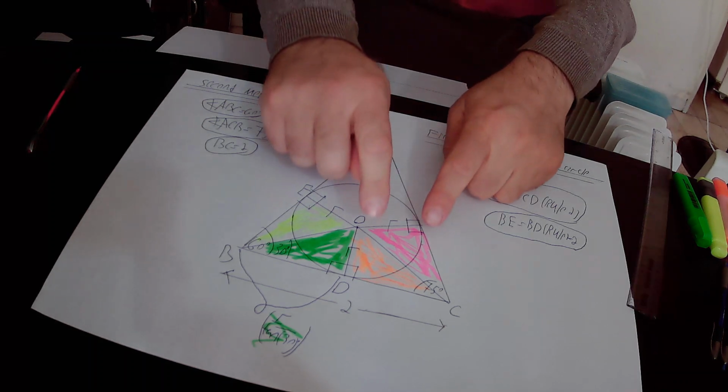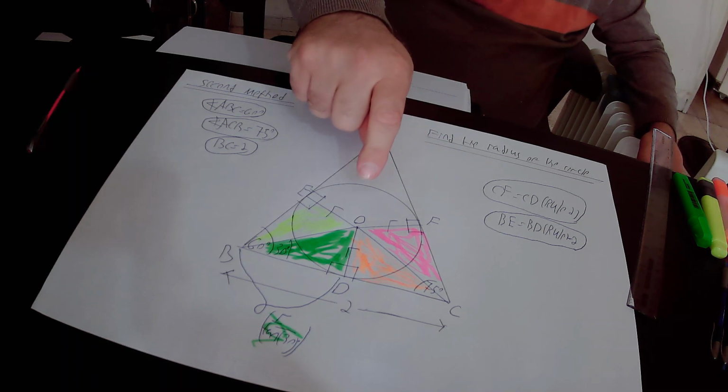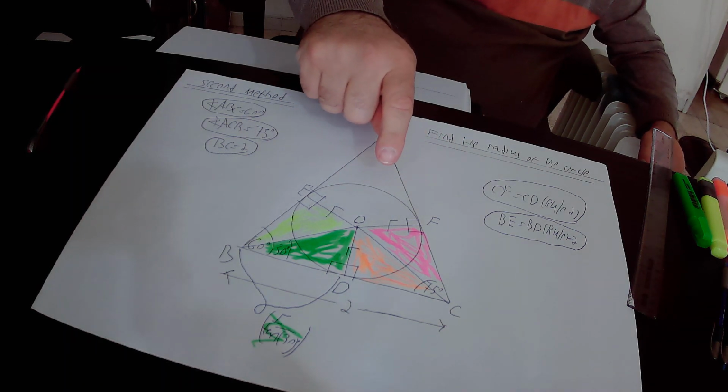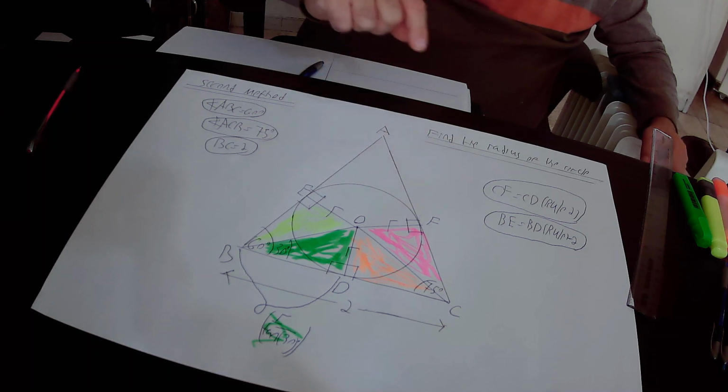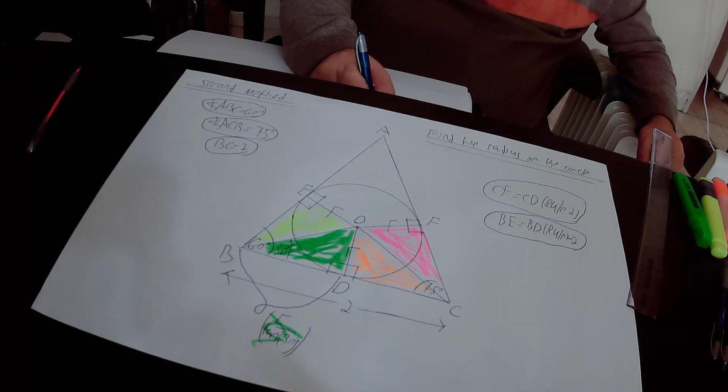So how can those two right triangles go into each other? First of all, OF equals OD. They are both the radii of the circle, therefore they are equal to each other. Side OF of the pink triangle equals side OD of the orange triangle.